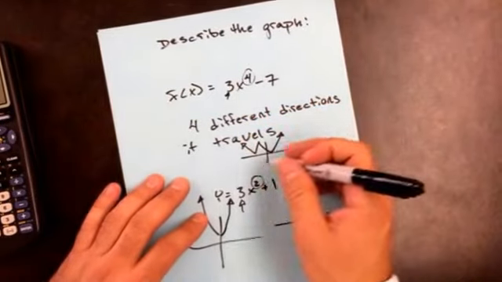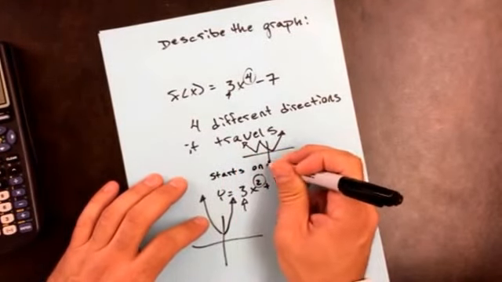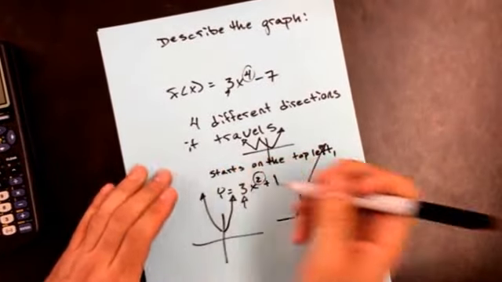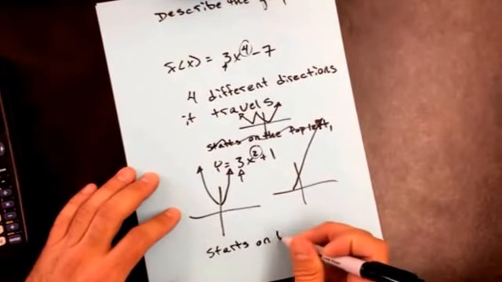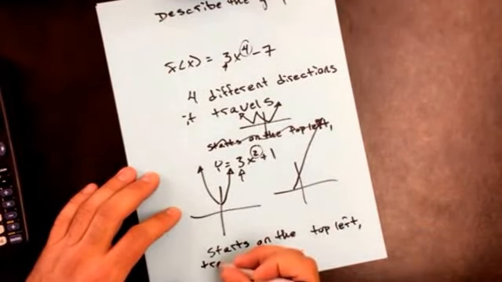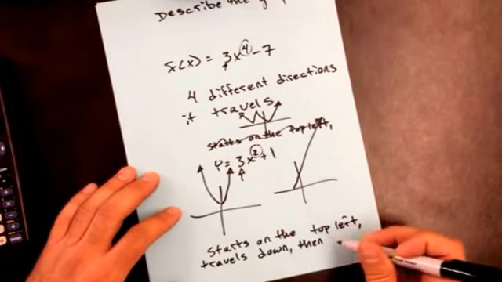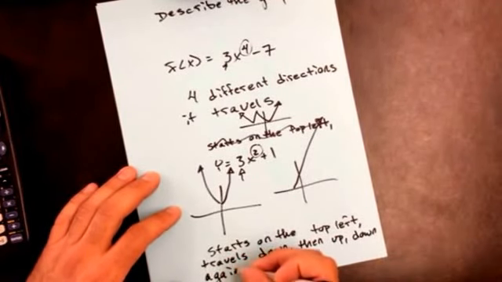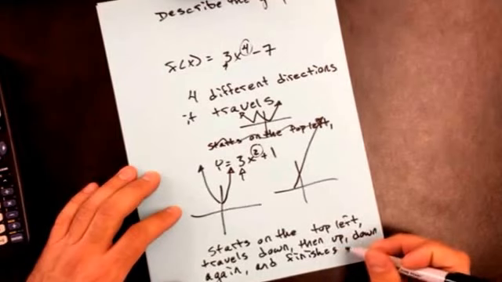So if I was describing this, I would say it starts on the top left, travels down, then up, down again, and finishes going up.